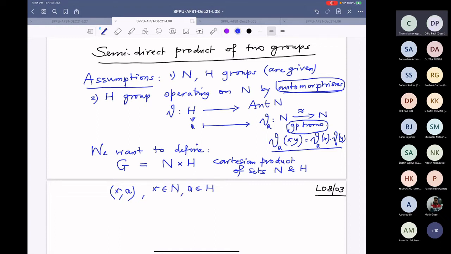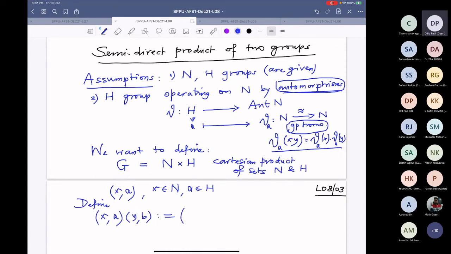All right. Now I want to define the group structure here. That means I should tell you how to multiply in G. That will give you a binary operation: (x, a) times (y, b). This is what I want to define.